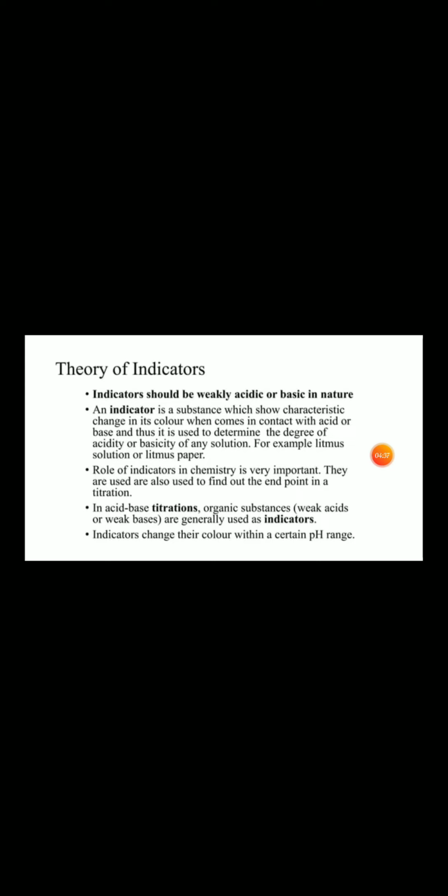An indicator is a substance which shows characteristic changes in the color when it comes in contact with an acid or base, and thus it is used to determine the degree of the acidity or basicity of a solution. Okay, it must come in contact with an acid or a base, then only it can change the color, and the degree of acidity and basicity of any solution is important. For example, litmus solution or litmus paper.